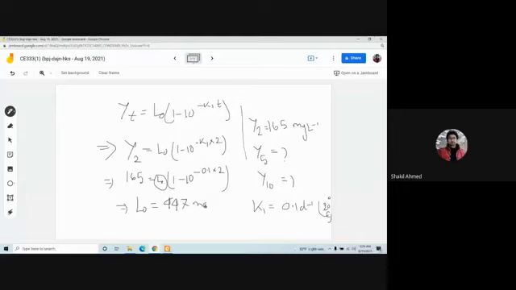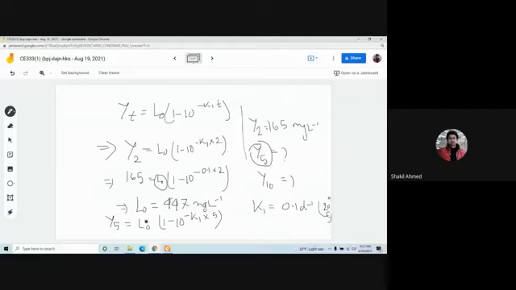Check it with your calculator, please. It matches, right? Yes, sir. Now you have this formula: Y5 equals L0 times (1 minus 10 to the power minus K1 into 5).